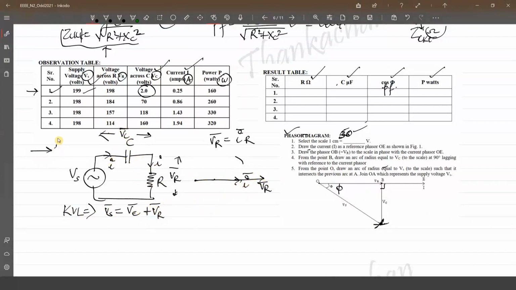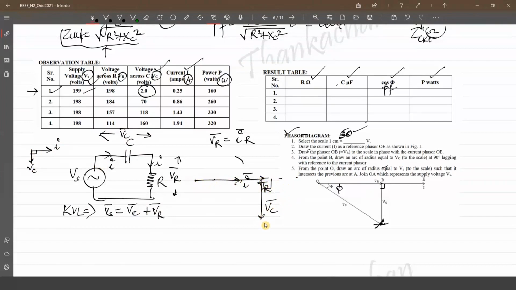For a capacitor, if this is the current flowing through it, current leads the voltage by 90 degree. That means the voltage across the capacitor should be somewhere here, 90 degree in this direction. So VR is here, then VC is here, 90 degree lagging to I.